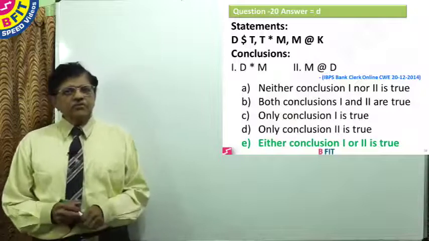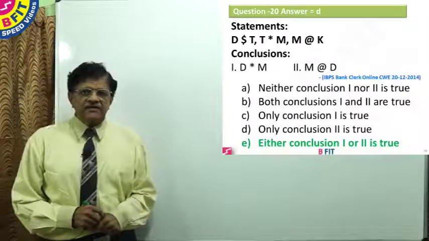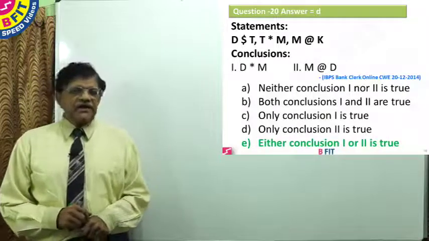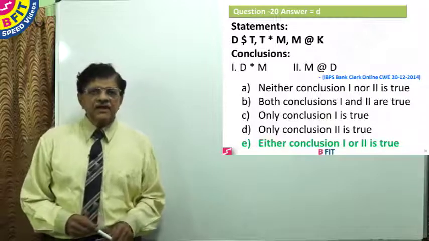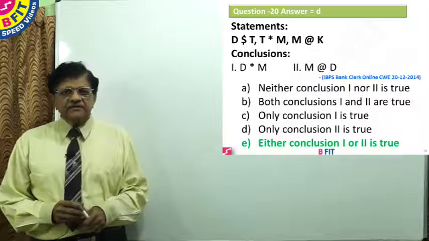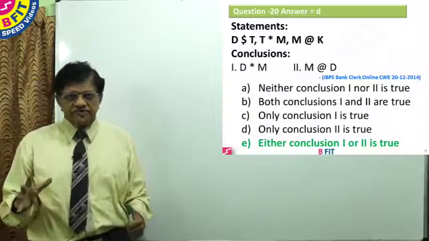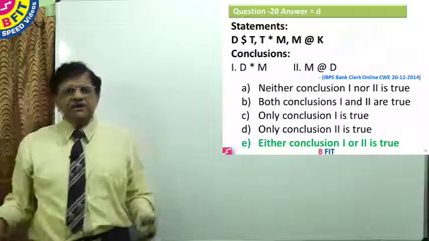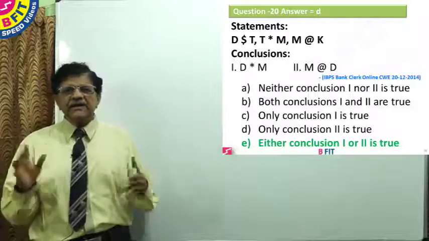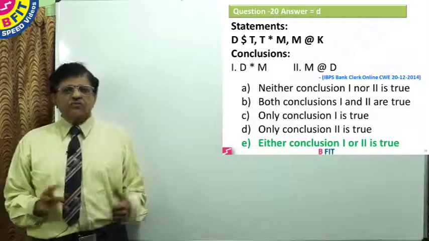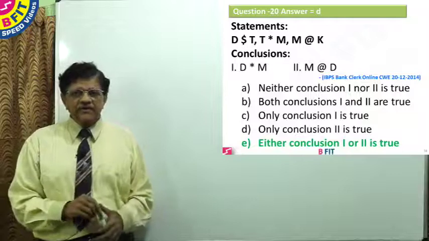Now friends, we have come to the end of our session on coded inequalities. As I told you in the beginning, definitely 5 questions will come. Nowadays it has almost become a ritual that this question is repeated again and again, and mostly the question will be in coded inequality.